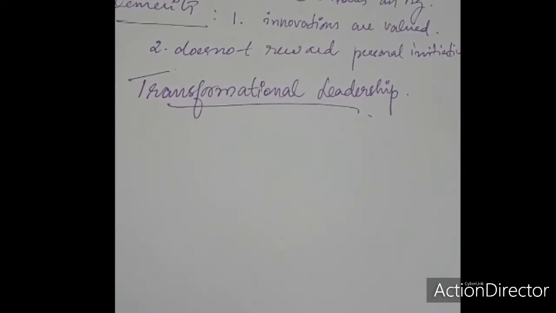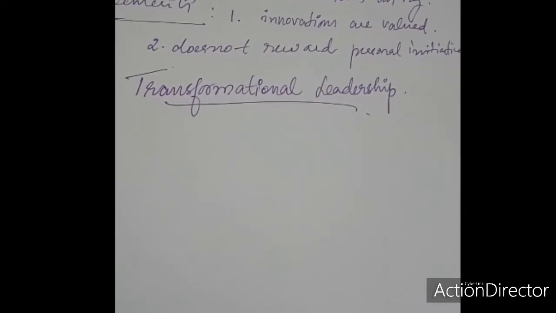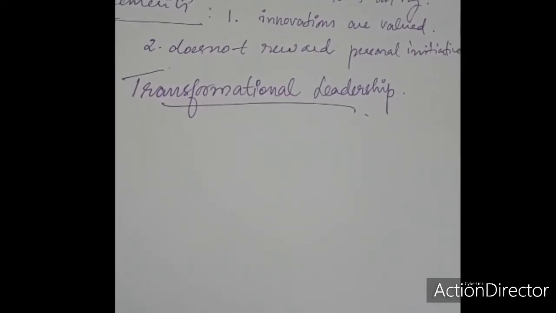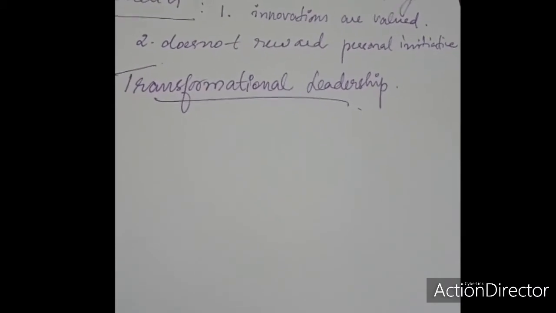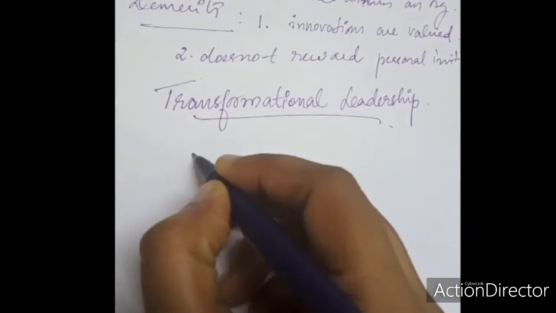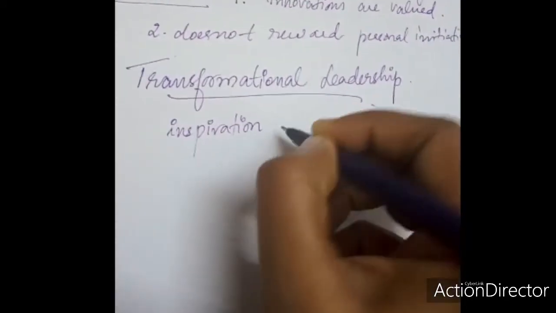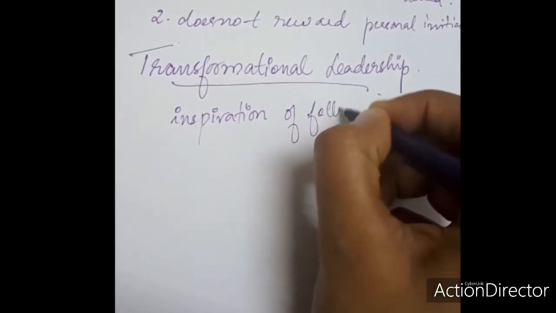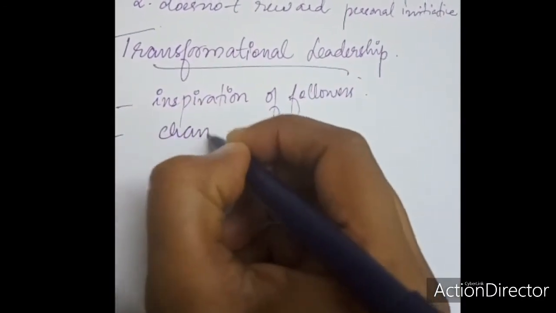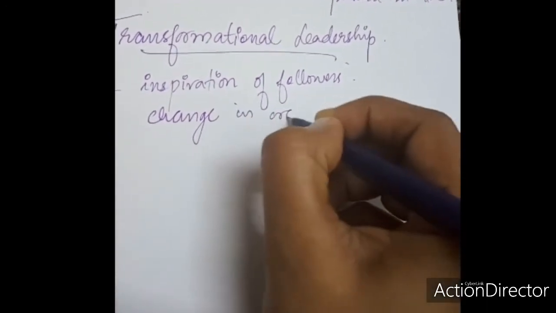It is an approach that causes a change in individuals, thereby changing the organization. A transformational leader is a person who inspires followers to achieve the outcome. So inspiration of followers happens, and there will be a change in the organization.